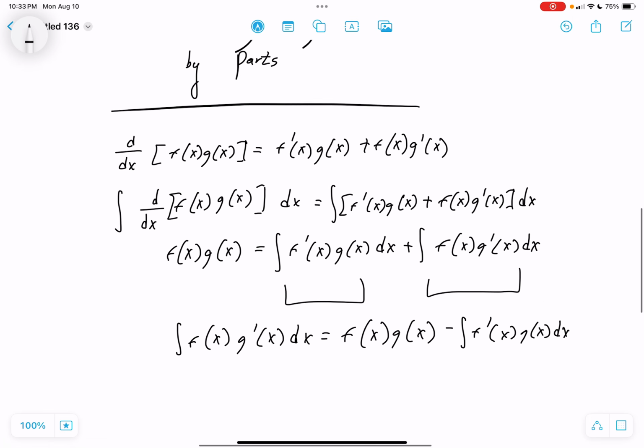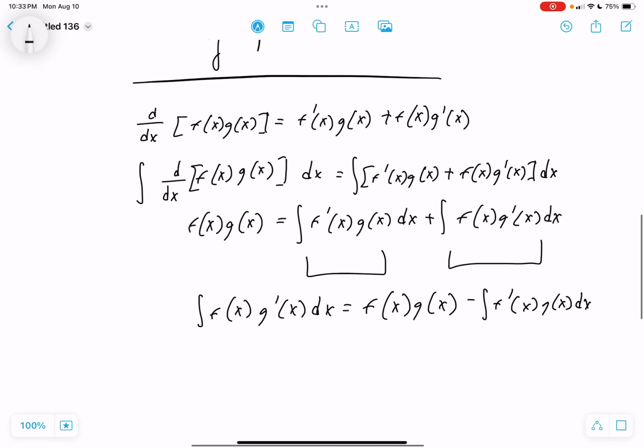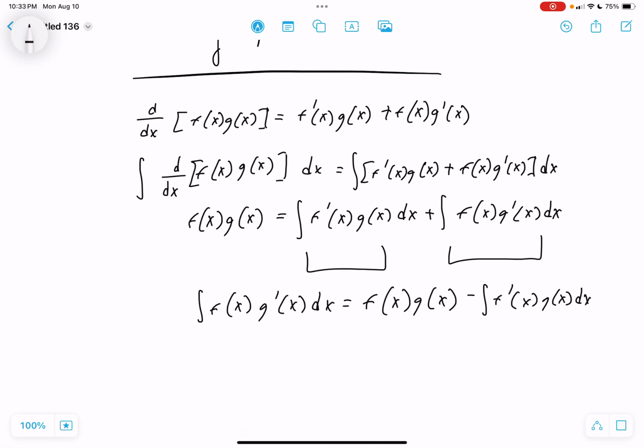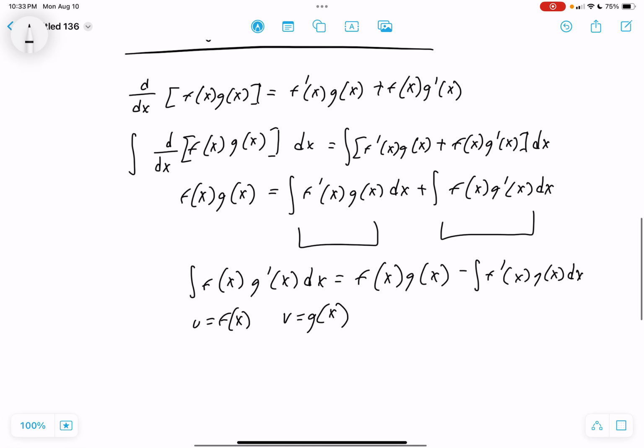Now notice how cool this is. I am going to let u equal f of x, and I'm going to let v equal g of x. So du/dx is equal to f prime of x, and dv/dx is equal to g prime of x.